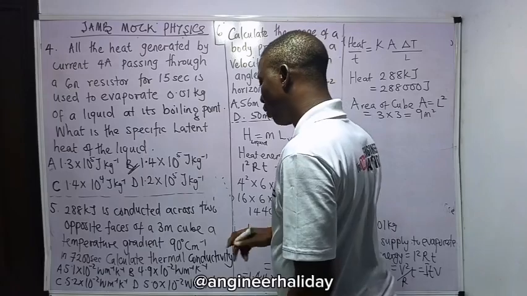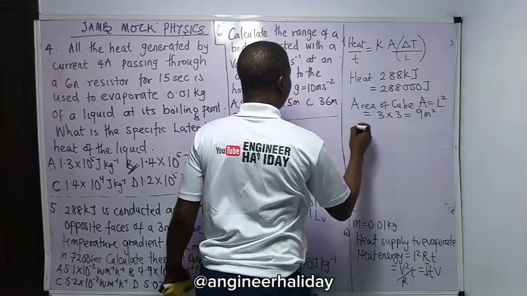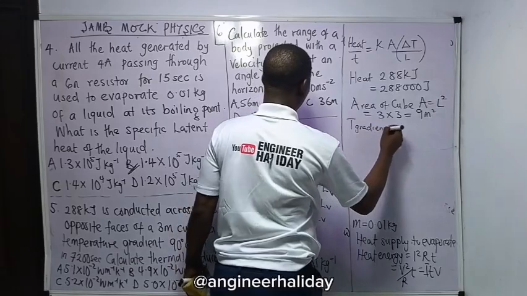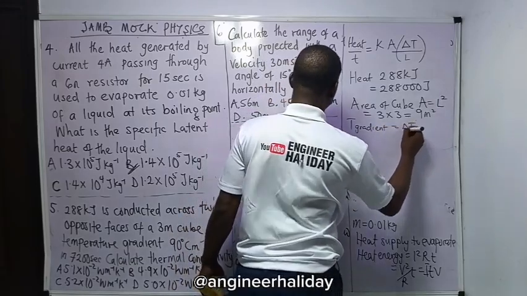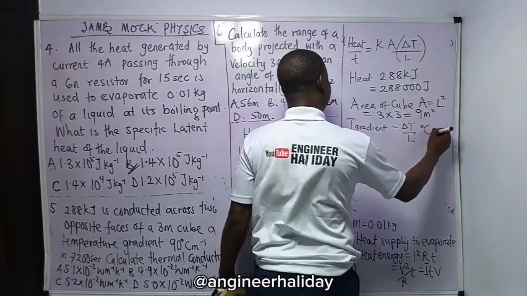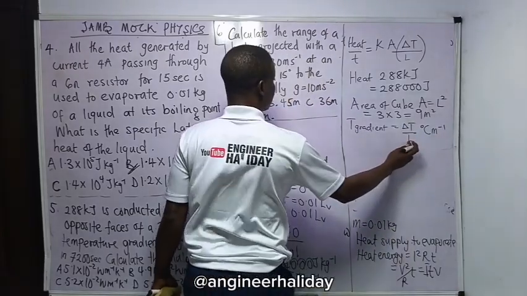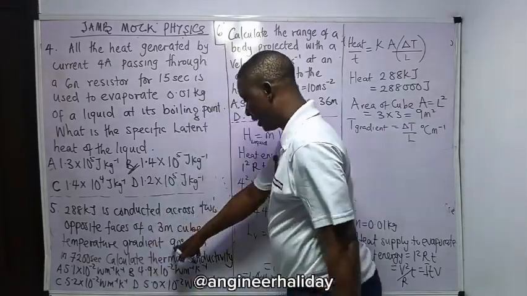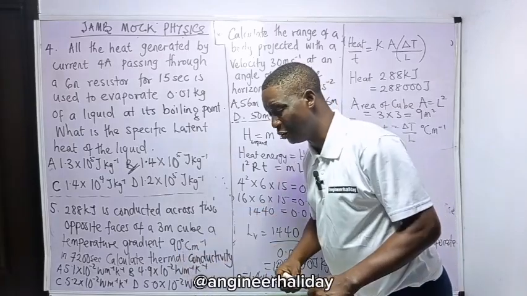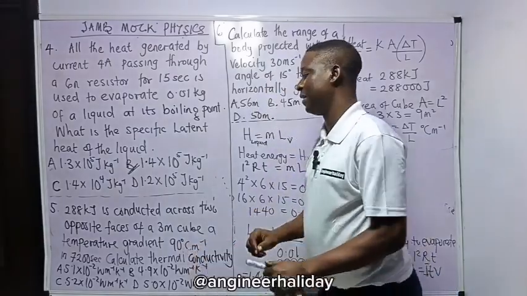A temperature gradient, this is what we call the temperature gradient. Temperature gradient is equal to change in temperature over length. That's why the unit is always per degree Celsius per meter, because this one is measured in degrees Celsius and this one is measured in meters. So the unit is 90 degrees Celsius per meter.